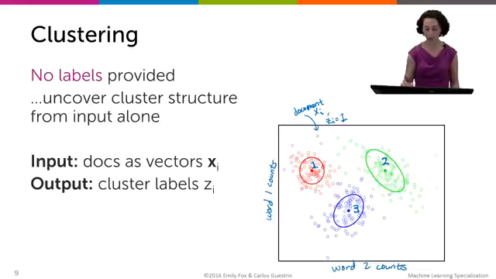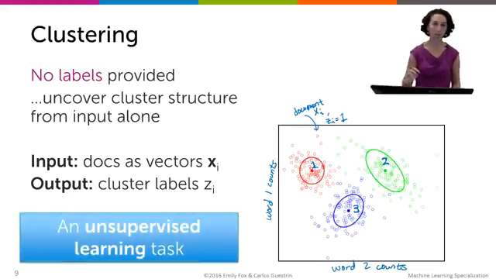Just to be clear, maybe this red cluster corresponds to articles about world news, this green cluster corresponds to articles about science, and this blue cluster corresponds to articles about entertainment. So we're not provided with those labels, but we're going to group articles, color them, as we're doing in this picture, based on similarities in the observed input space. So in this simple 2D example, this would be similarities between articles based on a simple 2-word vocabulary and counting how many times those words appear in each of these articles.